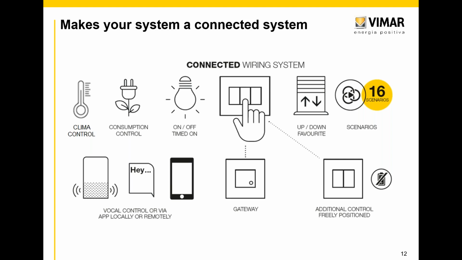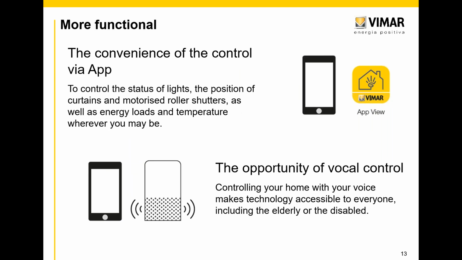And all together they talk through a gateway that converts the system's radio transmission protocol to Wi-Fi, able to talk with your mobile or your vocal assistants through the cloud. So the biggest advantage is that all the functionalities can be controlled directly by the app.